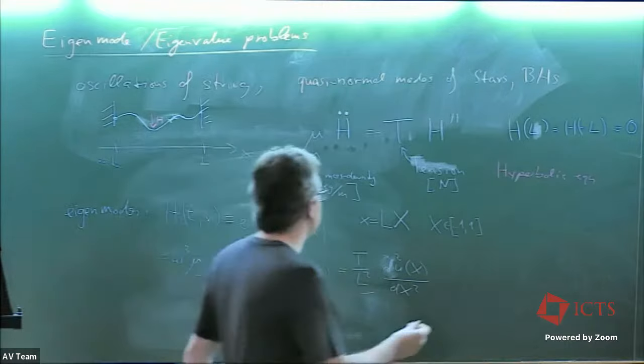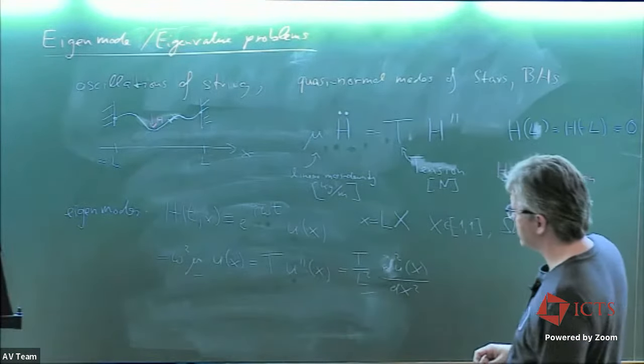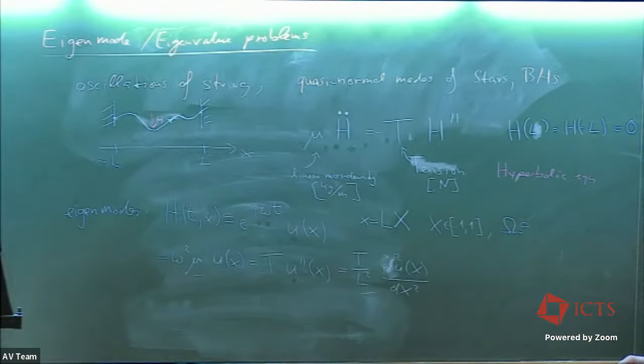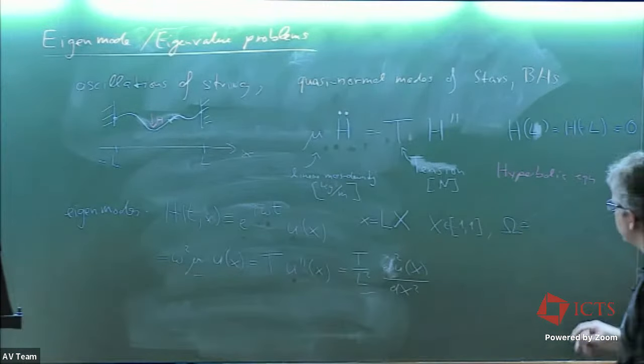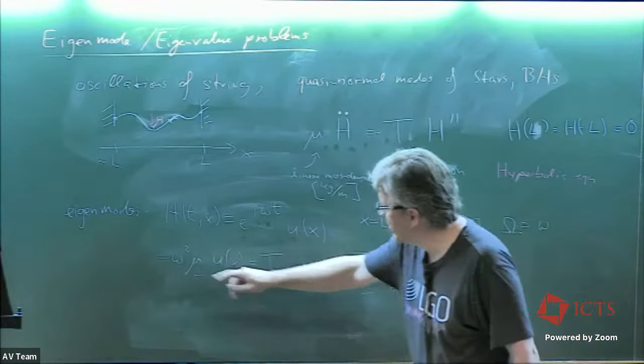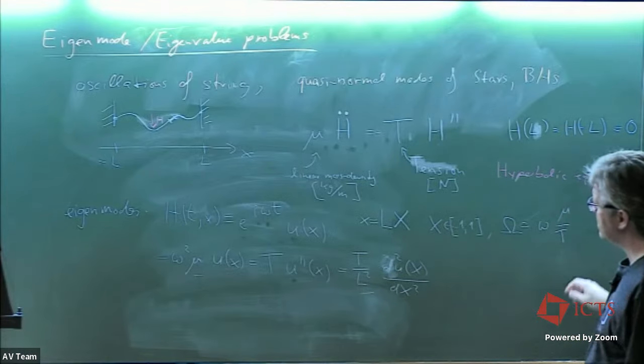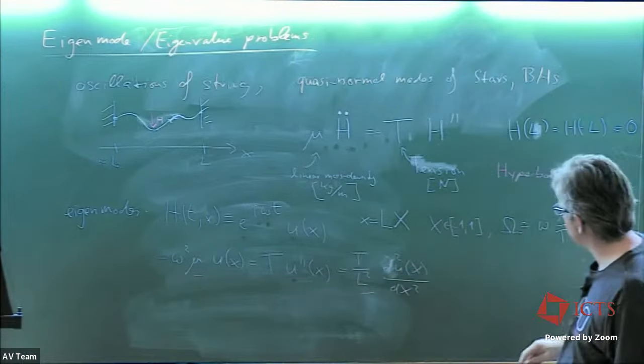So we can define capital omega equals, let me see if I can get this straight. This is little omega times, I have a mu on the left-hand side. I'm dividing by the T from the right-hand side.